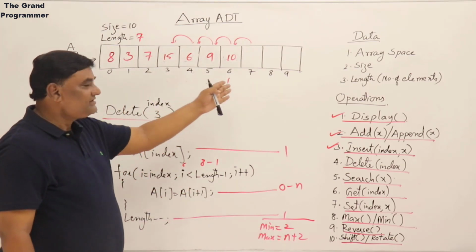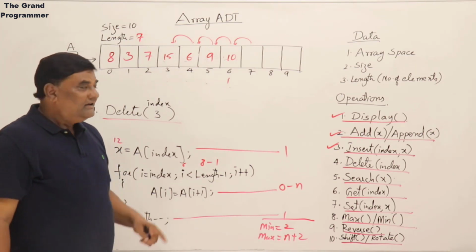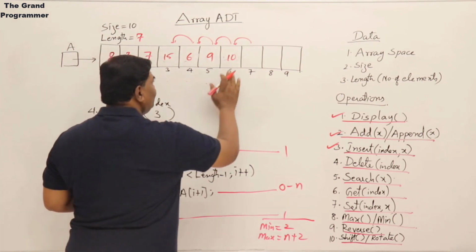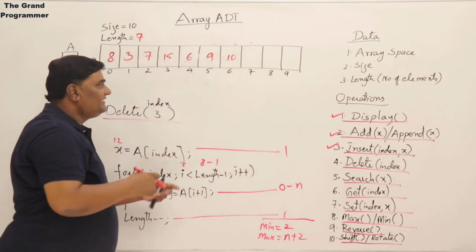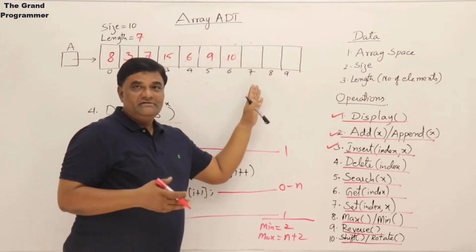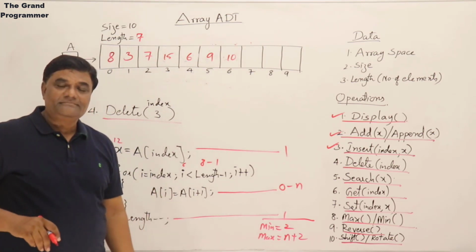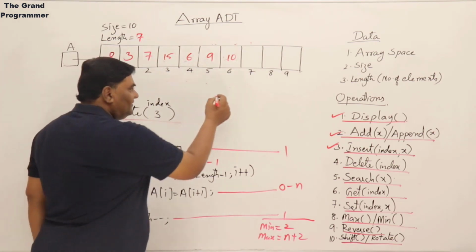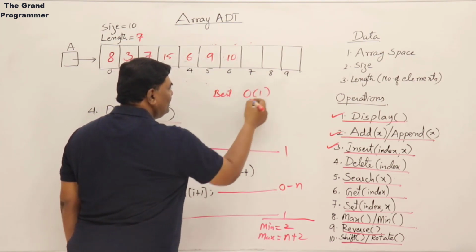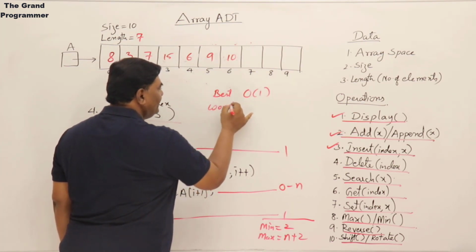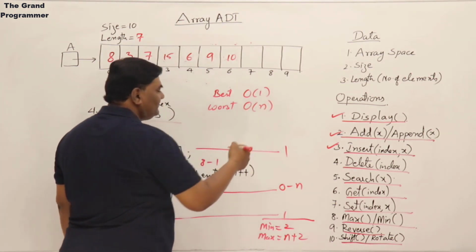If I am deleting the last element, no shifting required. Right now, if I want to delete 10 from here, then 10 is directly deleted. No elements beyond 10, so no shifting required. So the best case time is order of 1. Worst case time is order of n.